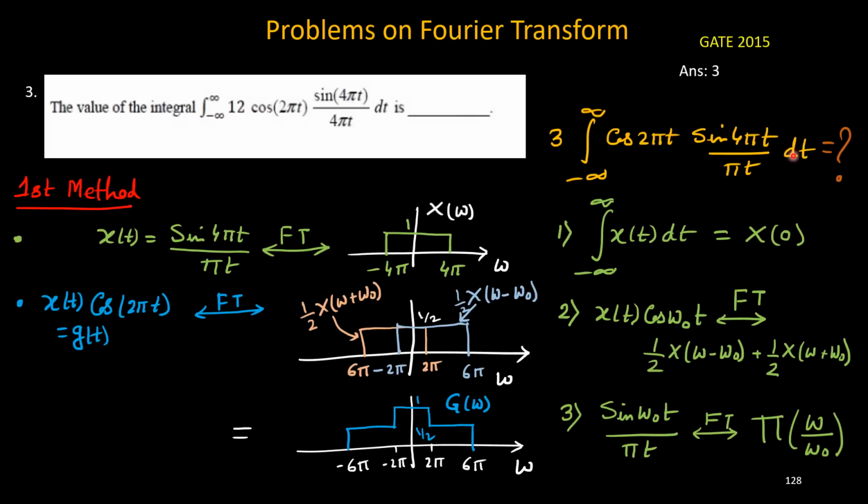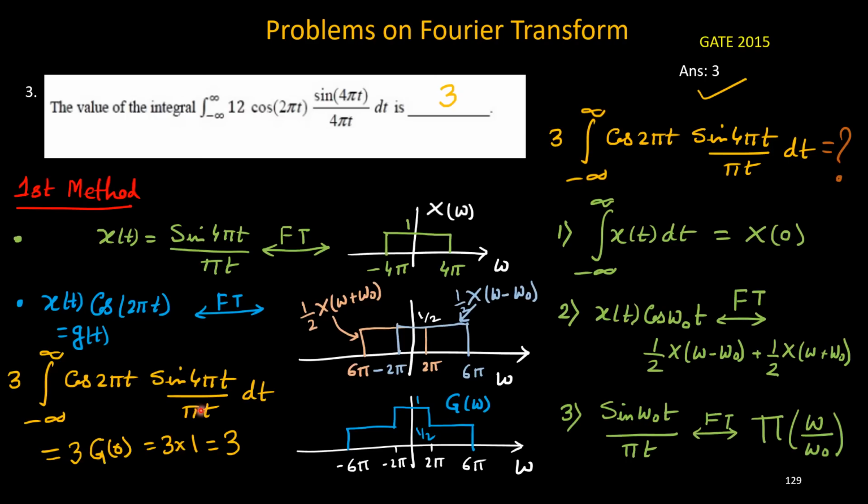So I need to integrate g(t), and 3 times this is nothing but 3 times the integral of g(t). Using the property that the area under a time domain signal is capital G of 0, I can see that its value is 1. So 3 into 1 is 3.